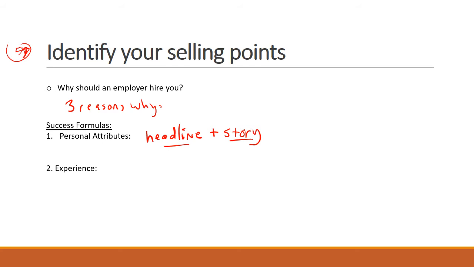So now I have something to latch onto rather than just your word, or at least I have an example that shows that you have this kind of attribute, and it's not just you saying it, okay? So headline plus story. One of your selling points, or maybe two of them, are going to maybe be personal attributes. And what you want to do is not just say, I'm very dependable, but find an example or some kind of story that can show that you have this potential.